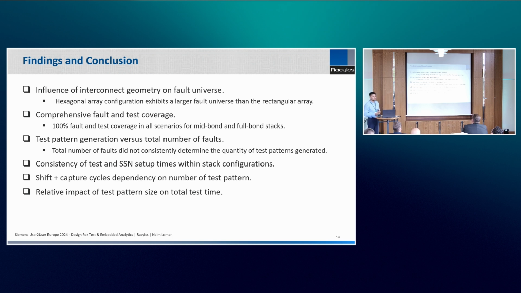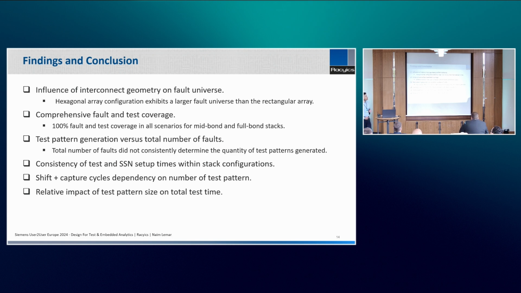Well, we found some interesting facts of the testing in all scenarios. The first thing is that hexagonal array configurations will have a larger fault universe than rectangular. That's because we have more aggressors per victim in a hexagonal array compared to the rectangular array.